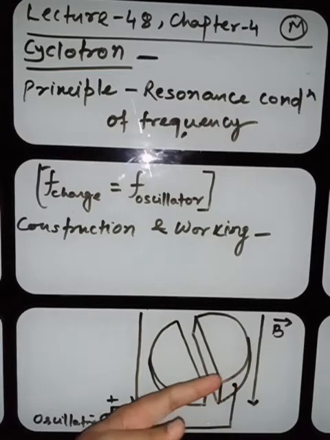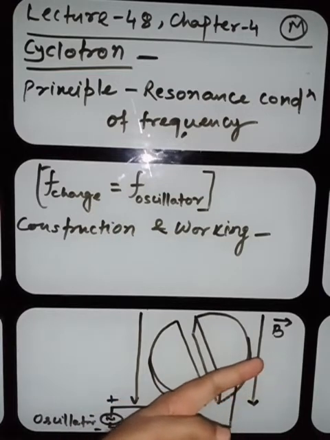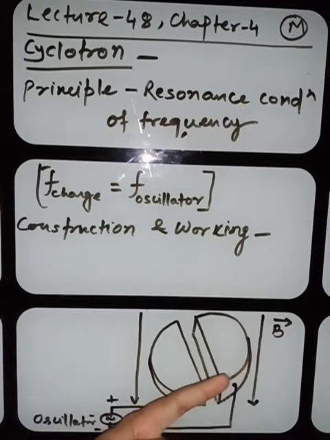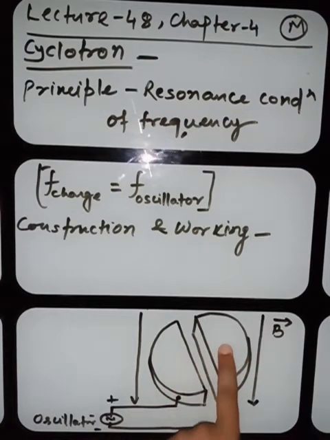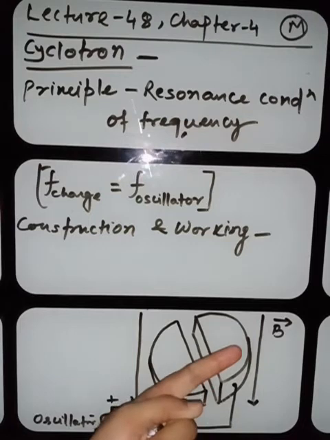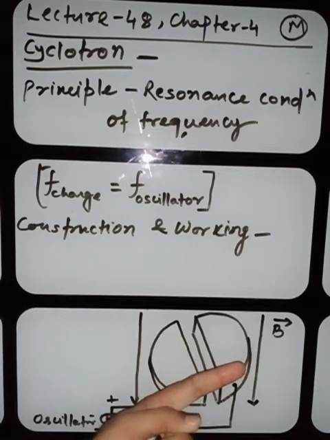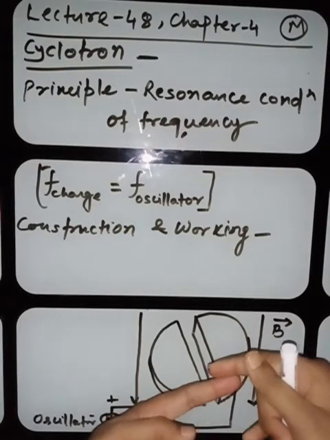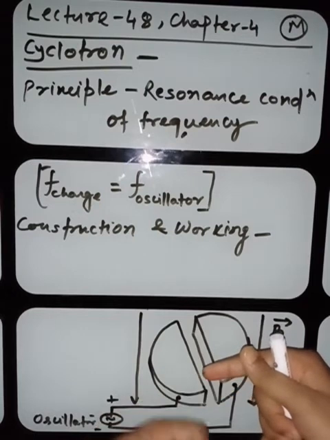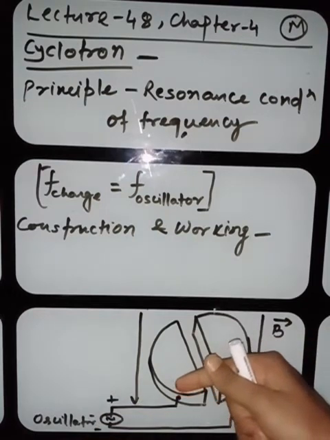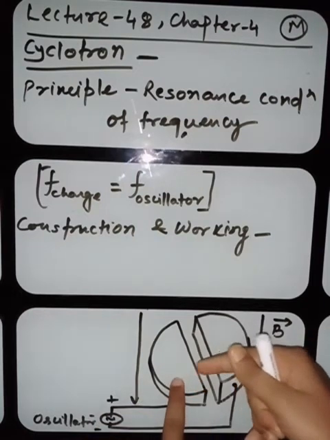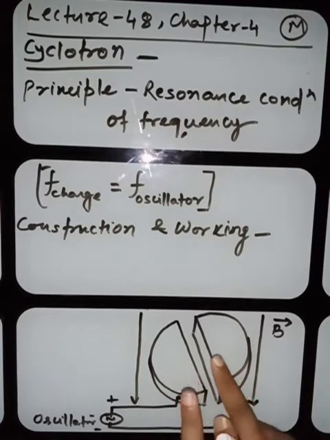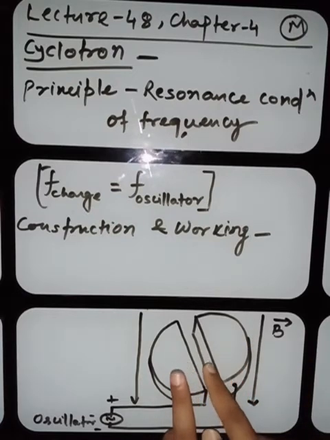Remember, this direction of electric field is not going to be sustained continuously. When this is positive and this is negative, the electric field is in this direction, but you know that 50 times this direction will change. After a fraction of a second, the electric field will be in the other direction, because the polarity is going to change 50 times, positive, negative.